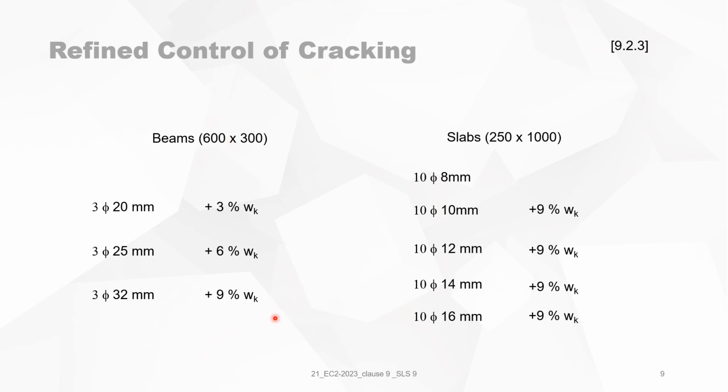Let's put it safely: you can put it as an increase of 10%. The same happens with the slabs. You have more or less a mean increase in calculated crack width of 9 or 10%. So the conclusion is that more or less you will have an increase of 10% in the crack width according to the Eurocode 2 version 2023.